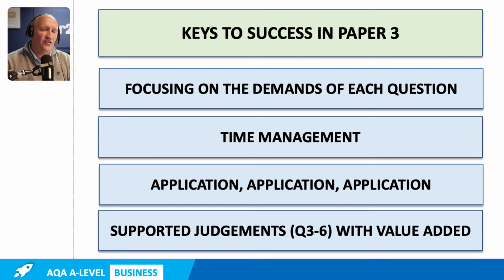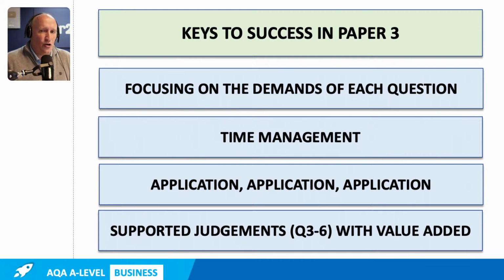And then the other thing to say is, because 4 of the 6 questions have evaluation as a requirement, so the 2 16 markers, the 20 marker and the 24 marker, evaluation is the highest weighted skill of all the 3 papers. This is the paper that weights evaluation the highest.